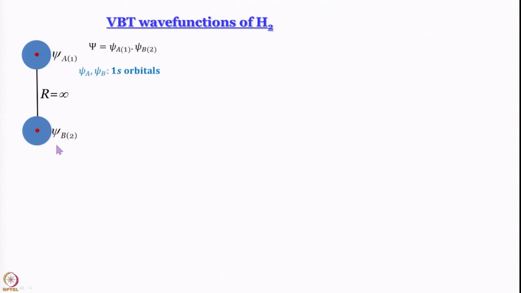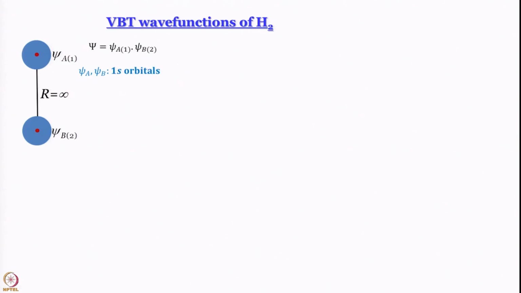So, what would the wave function be? The wave function would be the product of psi A1 and psi B2. Psi A1 means electron number 1 is in the 1s orbital of atom A. Psi B2 means electron number 2 is in the 1s orbital of atom B. So, A and B are the names of atoms, 1 and 2 are the indices for electrons.